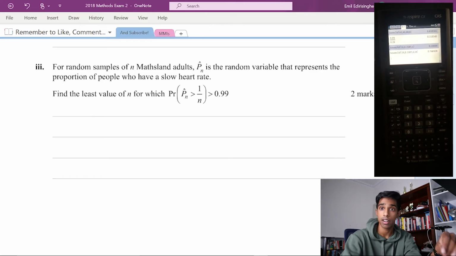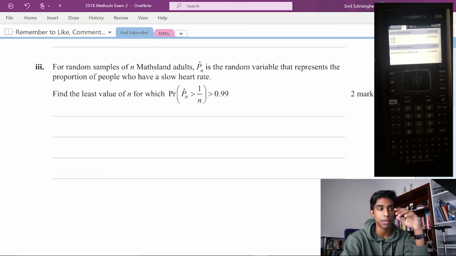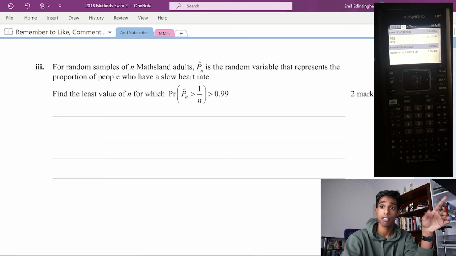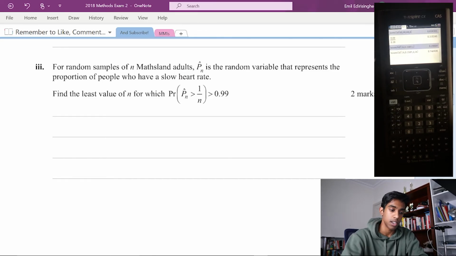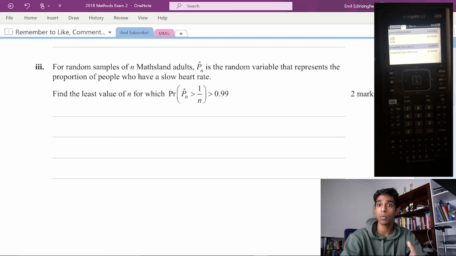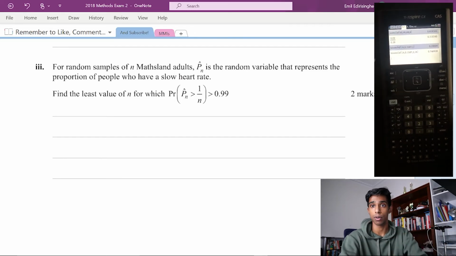If that is greater than 1 on 30, that means that more than one person out of the 30 had a slow heart rate. So what we're looking for is the number of people required so that the probability that more than one person has a slow heart rate is greater than 0.99.